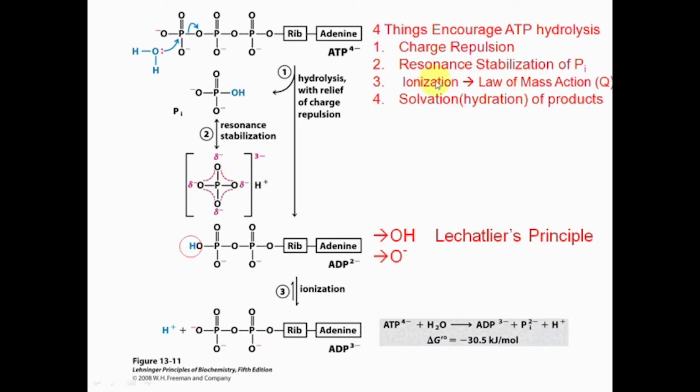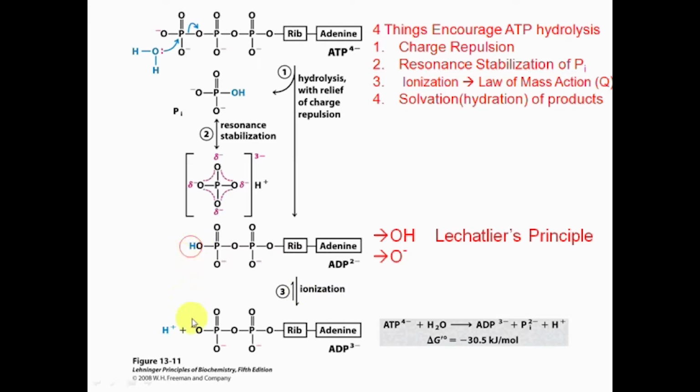So it will become stable, and it will lower its energy because of the resonance stabilization. The third is ionization, or the law of mass action. So what does ionization mean? Let's look at the name, ion. An ion has a charge to it. This molecule doesn't have a charge at this point, right here. And so ionization means removal of this proton.